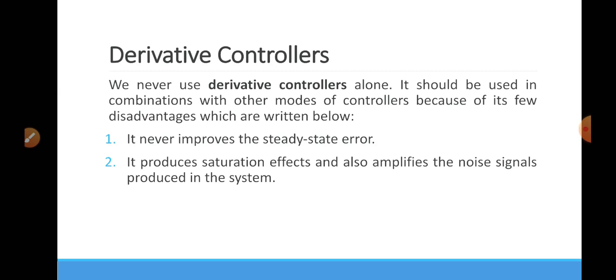Again, it produces saturation effects, and it also amplifies the noise signals produced in the system. Since it is a derivative type, it increases the noise signals produced in the system. Therefore we never use derivative controllers alone.